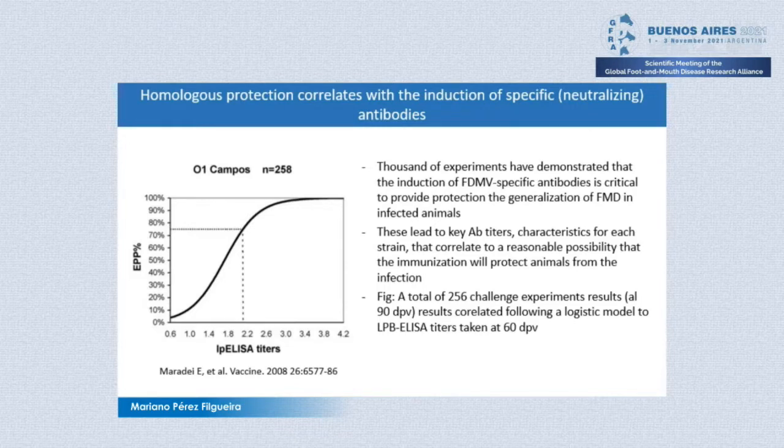The challenge experiments in this case were performed at 90 days and were correlated with the ELISA titers taken at 60 days. That gives you a number that helps you as a reference to quantify the herd immunity and see if the level of population immunity is good enough to cope with any potential infection that may happen in the herd.